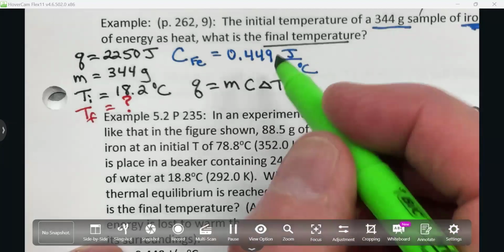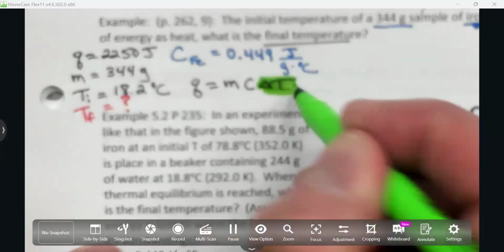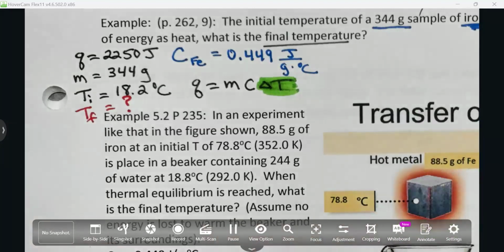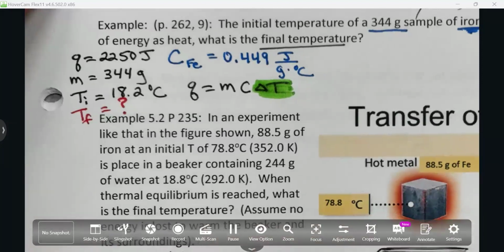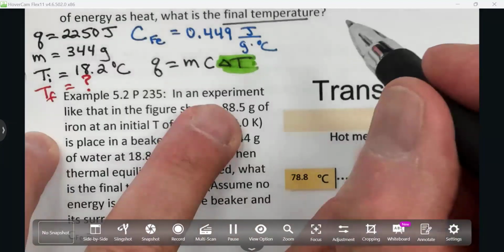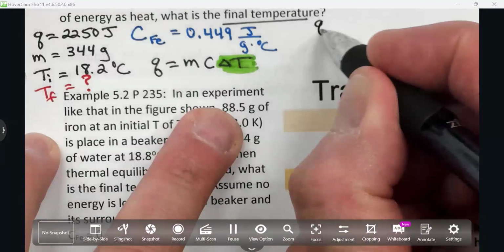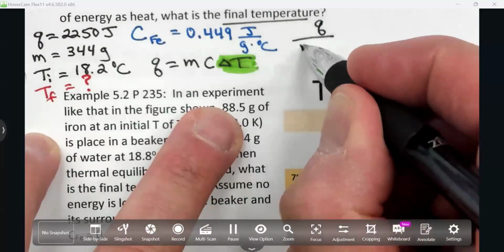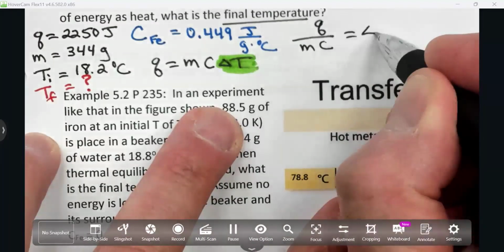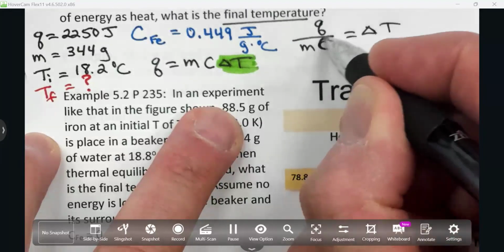So let's solve this for our temperature change. If we solve this for our temperature change, we're going to have Q divided by MC would be our temperature change. I should make that C bigger.